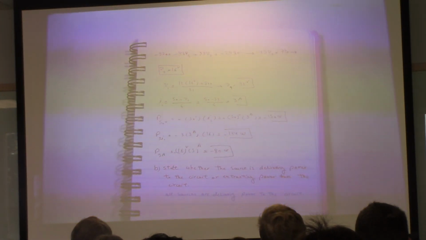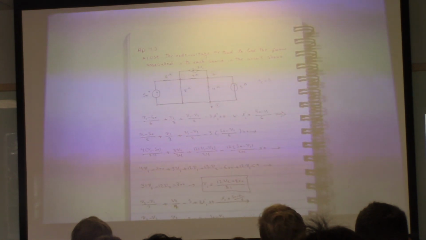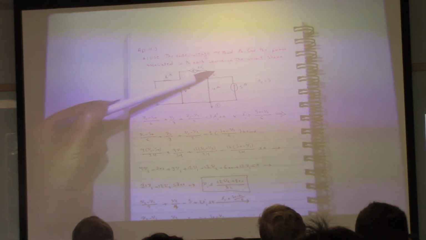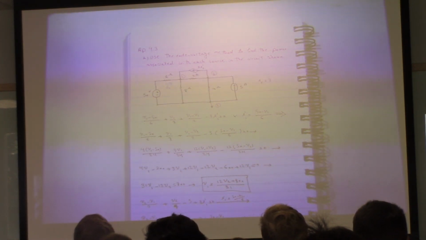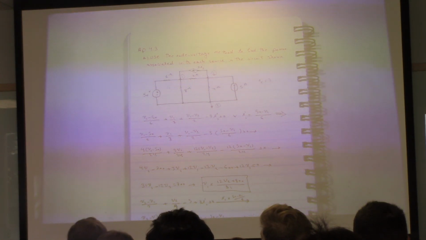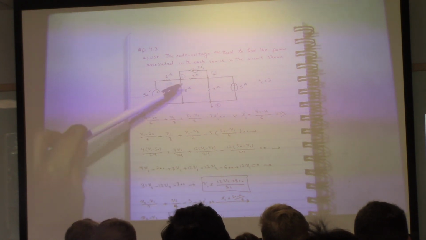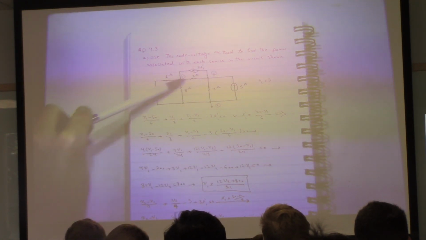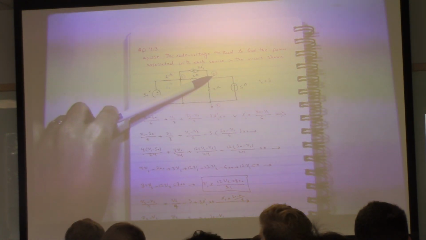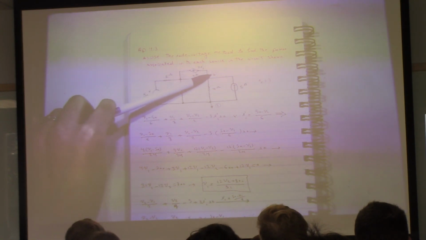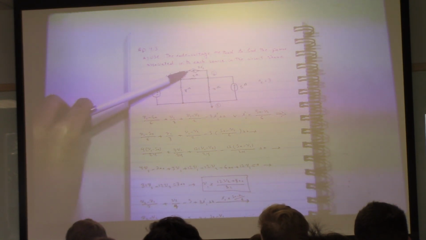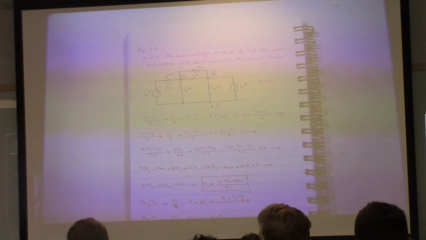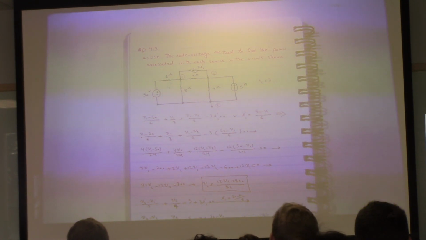V1 is 32, V2 is 16. So what is the direction of voltage rise? 32, 16. So this is like plus and this is minus. So the direction of current is in the direction of voltage rise. That's why I need to add a minus sign. Clear?